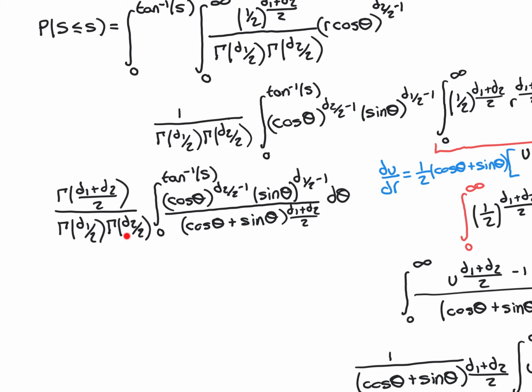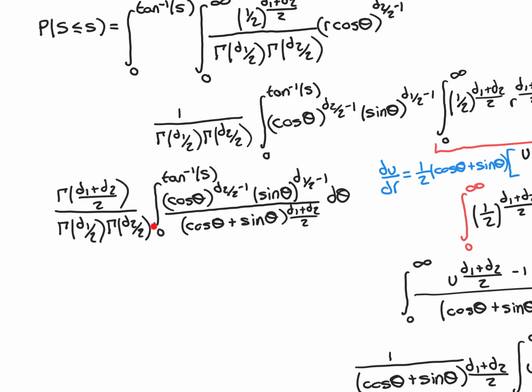So I've now got this as my overall constant out the front, gamma of (d1 plus d2)/2 over gamma of d1 over 2 times gamma of d2 over 2, which is 1 over beta of d1 over 2, d2 over 2. I'll replace this in a moment with what it is in terms of the beta function of d1 over 2 and d2 over 2.